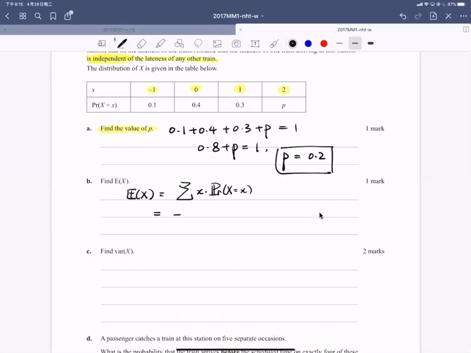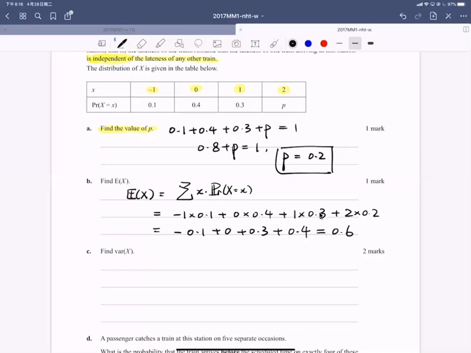We have -1 times 0.1 plus 0 times 0.4 plus 1 times 0.3 plus 2 times 0.2. Okay, so we have -0.1 plus 0 plus 0.3 plus 0.4, which means you are getting a value of 0.6 if I'm not mistaken.